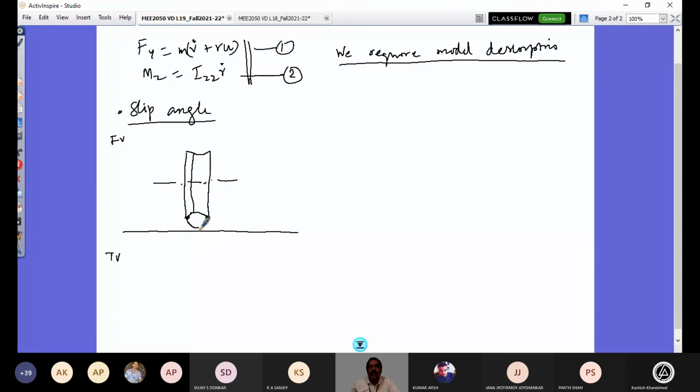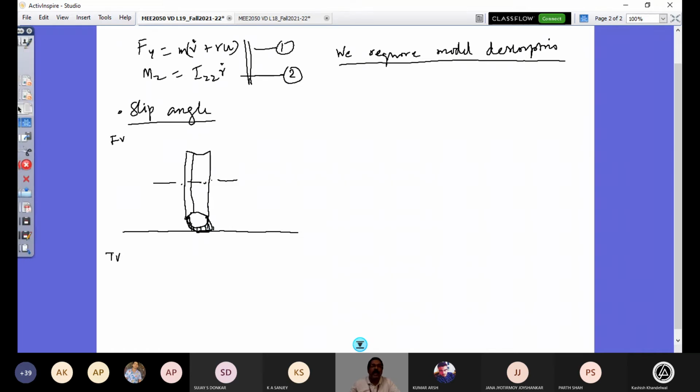So I will have it something like this, and it is now in contact like this. So this is my section of the tire. The section of the tire we will study in detail; I'm not going to explain the section now. So this is the contact.